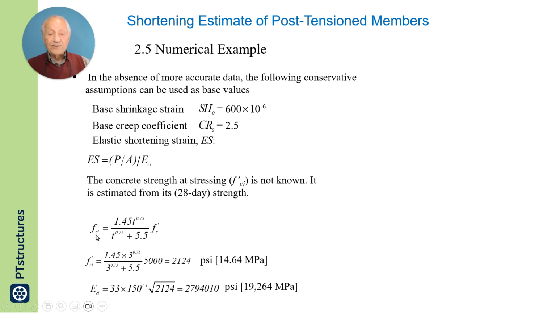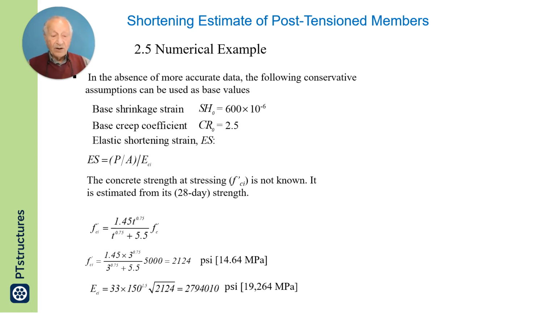The concrete strength at time of stressing is given by this formula. We stress it on day 3, so I substitute day 3 and find the concrete strength on day 3 to be this much less than at 28 days.